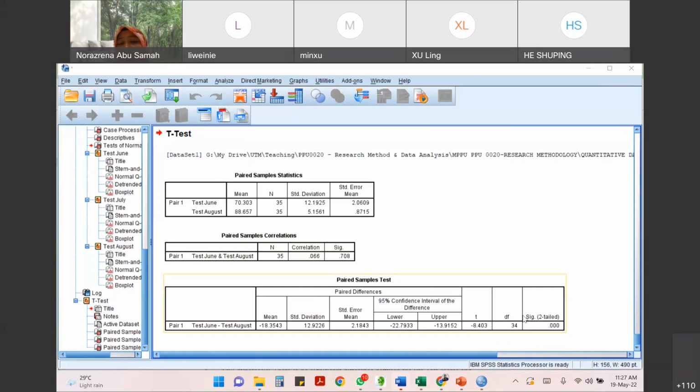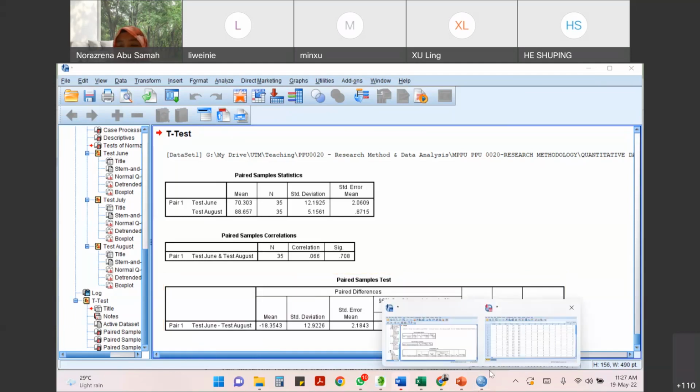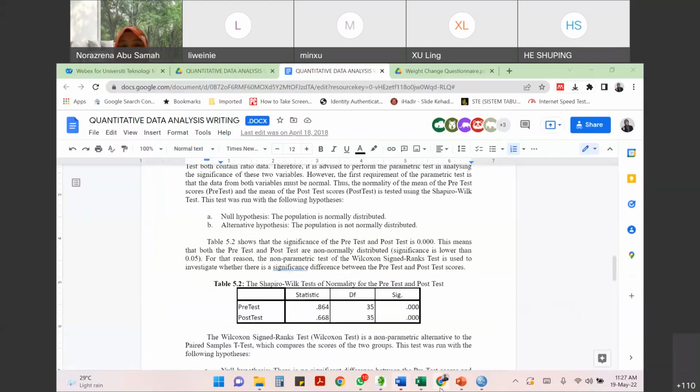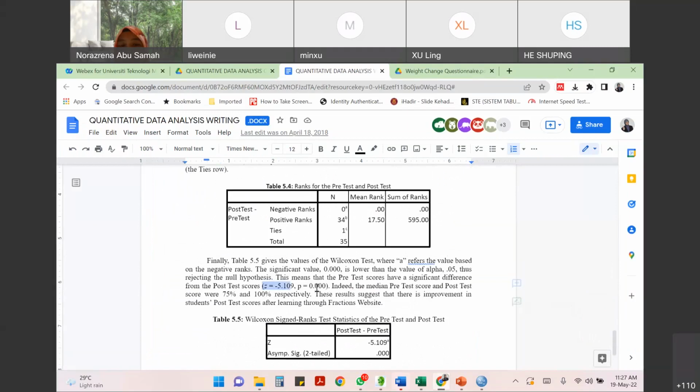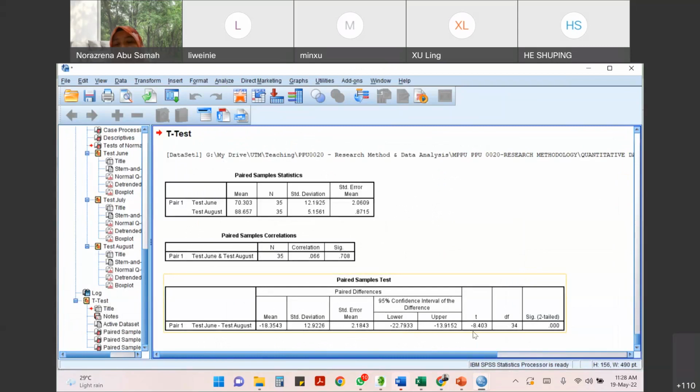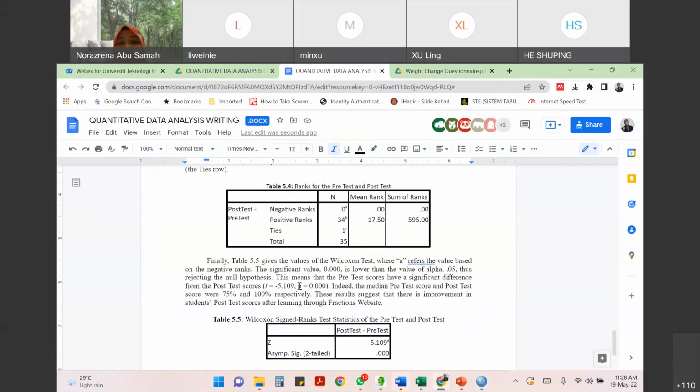And this DF. From here, you have to write it this way. Because here Wilcoxon uses Z, but for the t-test you have to use T. T equals negative 8.403. And then you have DF. DF equals 34.